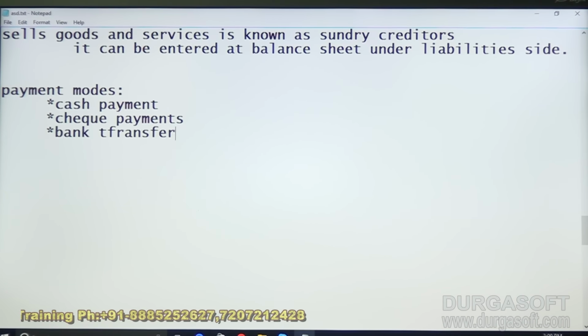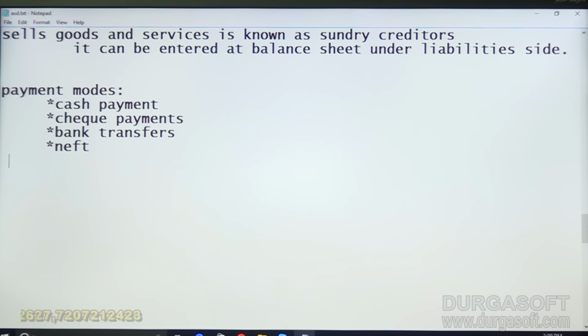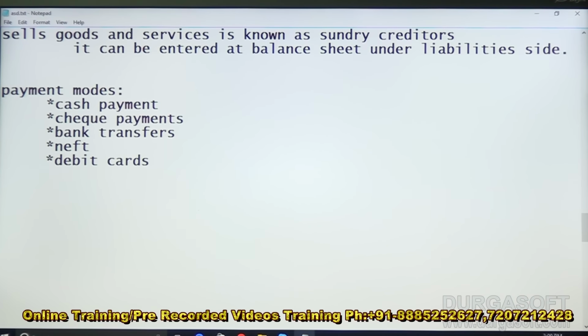bank transfers, NEFT, debit cards, credit cards.